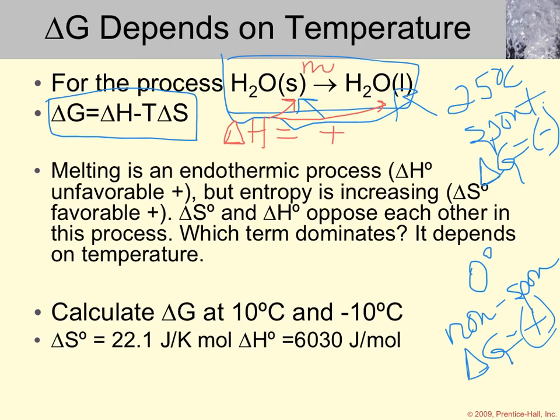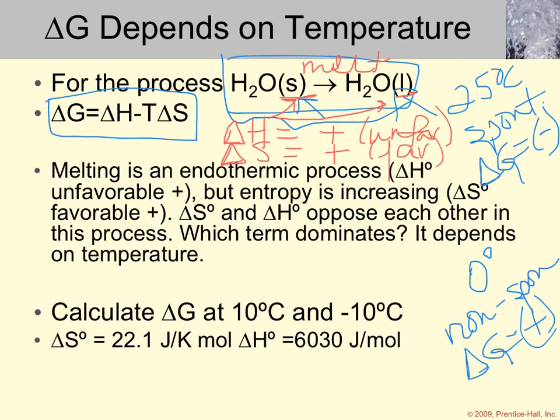Anytime you melt anything, you have to apply heat, which means it's endothermic. So the enthalpy is unfavorable for this process. And the entropy, I'm hoping you can look at this, entropy when you go from a solid to a liquid is favorable. And when entropy is favorable, it has a positive sign.